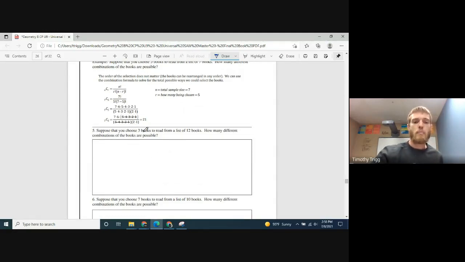Suppose that you choose 3 books to read from a list of 12 books. How many different combinations of the books are possible? So this time there's 12 options, and I'm choosing 3 of them to read. Right? 12 books, I'm choosing 3 of them to read. So this would be 12 factorial over 3 factorial, 12 minus 3 factorial.